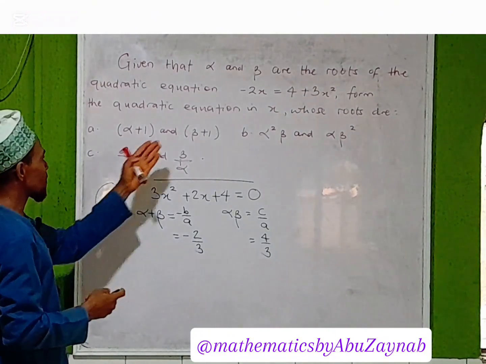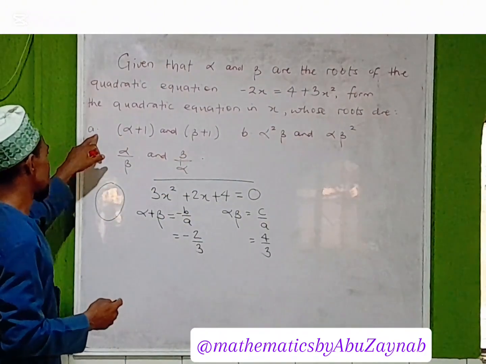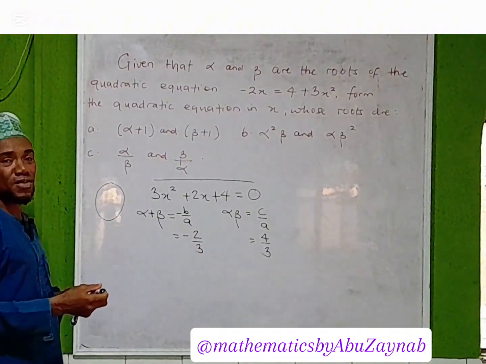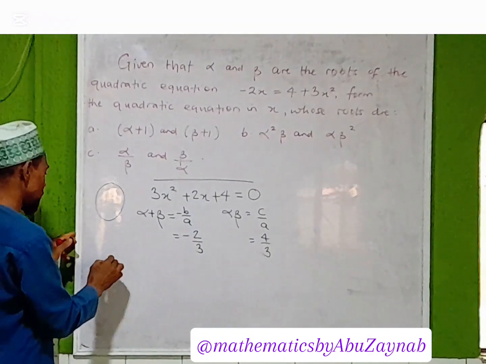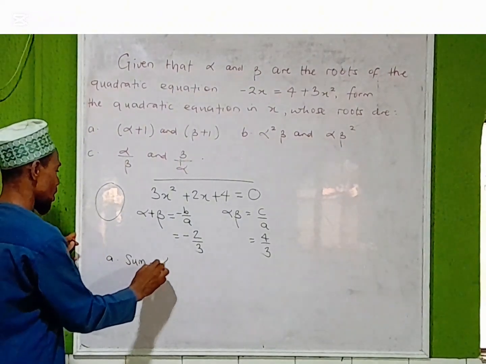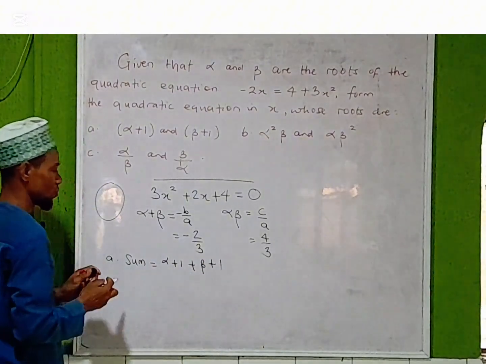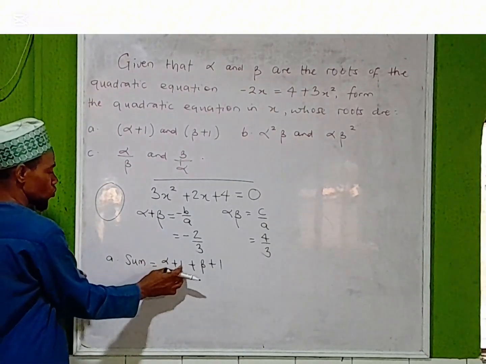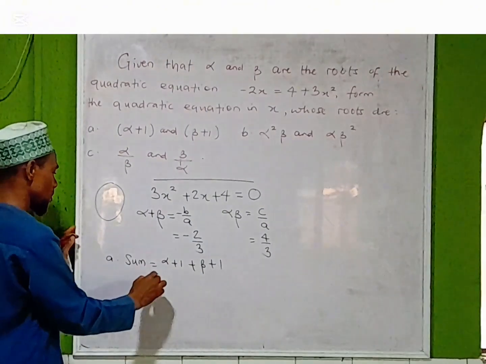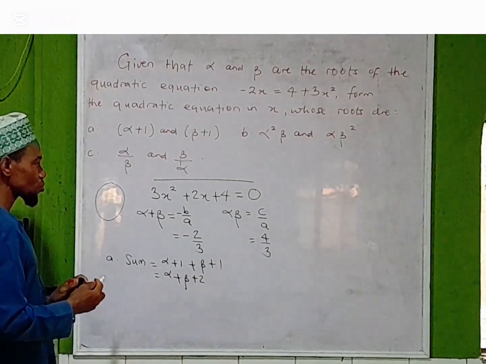So if we are asked to now find the quadratic equation in x, whose roots are, for question 1, alpha plus 1 and beta plus 1, all we need to do is to say, okay, what is the sum in this case? So you have alpha plus 1 plus beta plus 1. This is the first root and the second root. So the sum will be alpha plus beta plus 2.